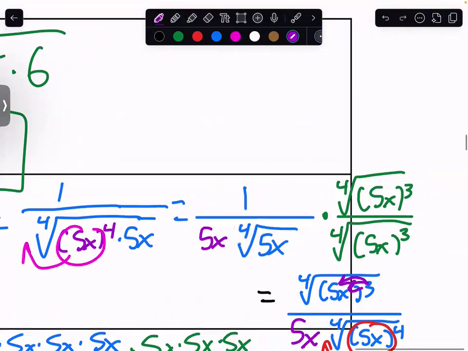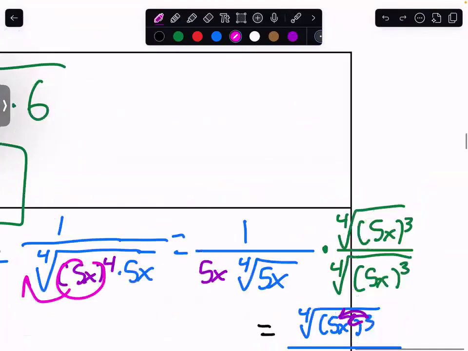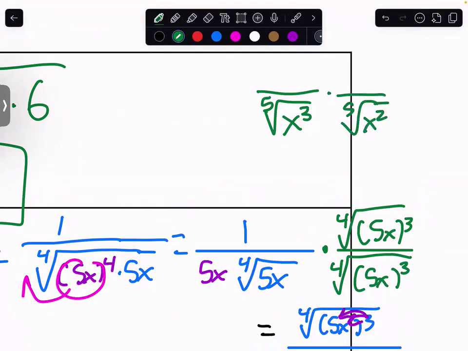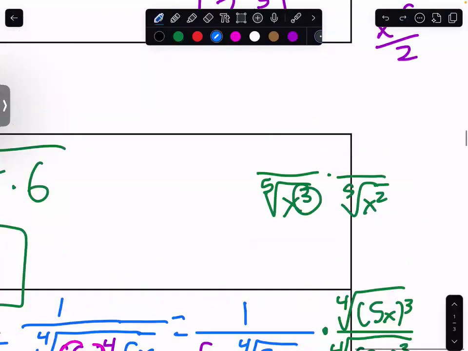Right? So in a different problem, if we had something like something over the fifth root of x cubed, right? To get the 3 to match the 5, you would need 2 more. So here you would multiply by x squared because 3 plus 2 is 5, right? Or if you had something like the seventh root of just x, right?